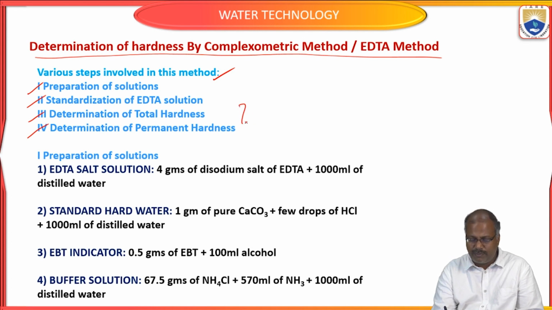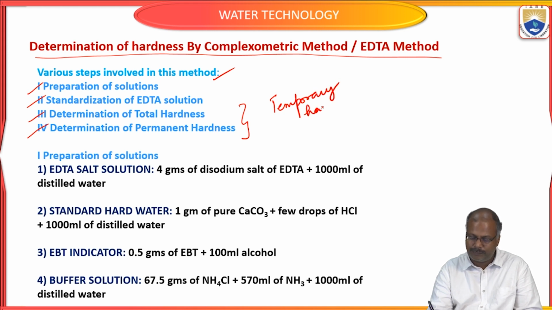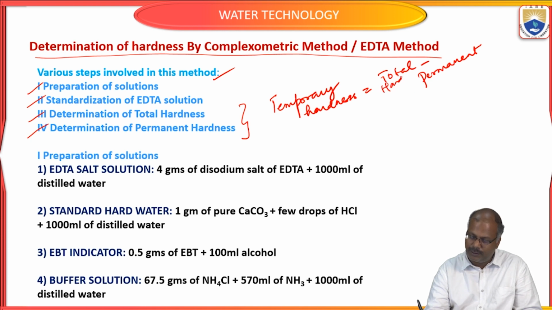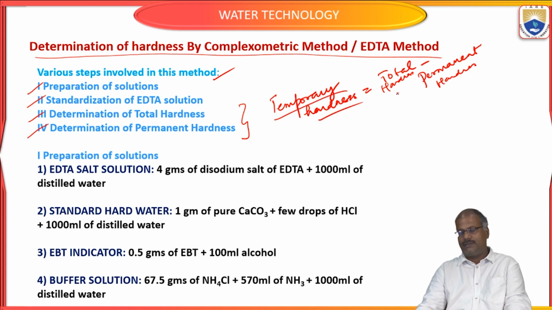When we determine these two, then temporary hardness is nothing but total minus permanent hardness. Total hardness minus permanent hardness gives you the value of temporary hardness.